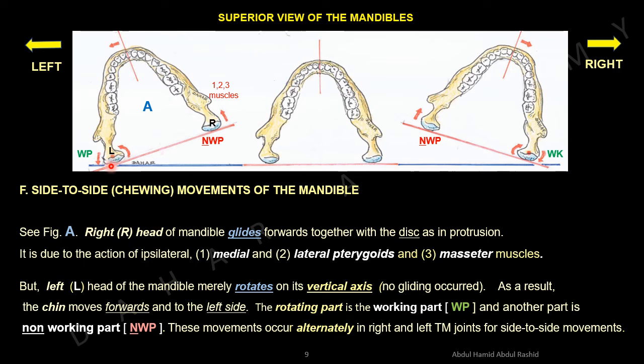There is no gliding movement there. As a result, the chin moves forwards and towards the left side. The rotating part is called working part, WP. But the opposite one, which is non-rotating part, is called non-working part, NWP. These movements occur alternately in right and left TM joints for side-to-side movements.